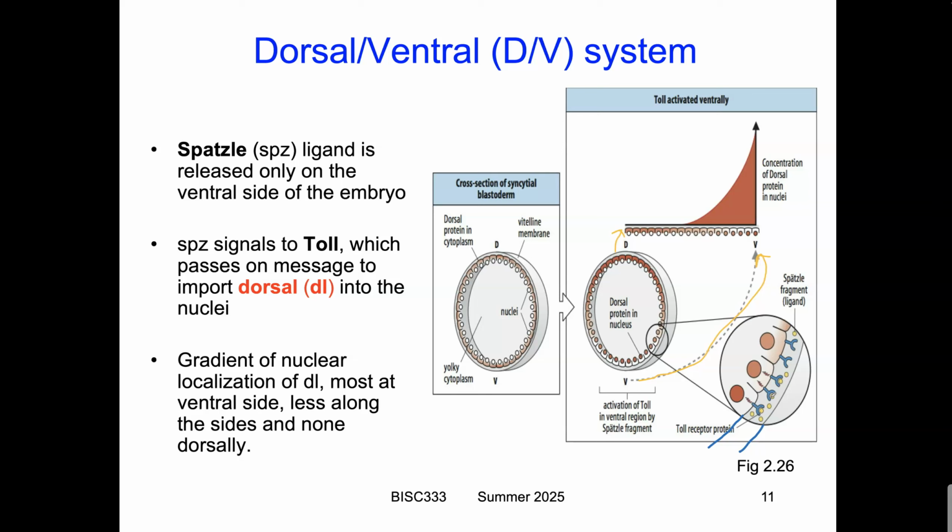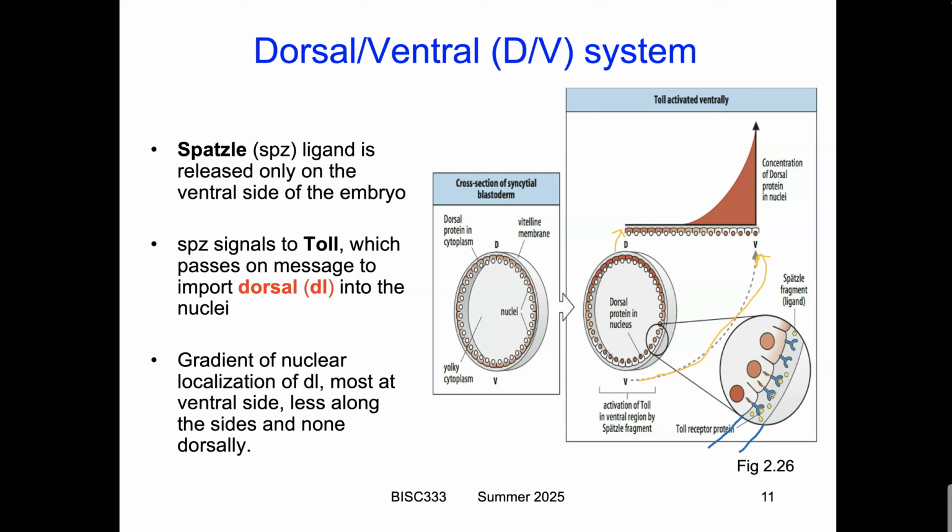Okay, so Spätzle ligand down in the ventral side, it signals the toll receptor. A series of steps that we're going to talk about in a moment lead to dorsal going into the nucleus and turning on your ventral specific genes.